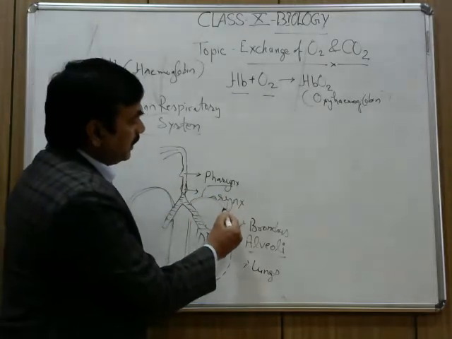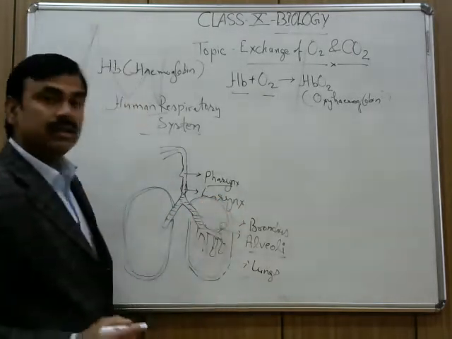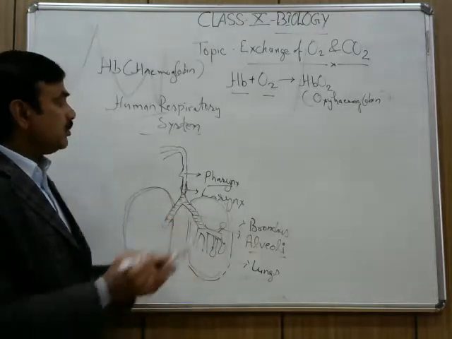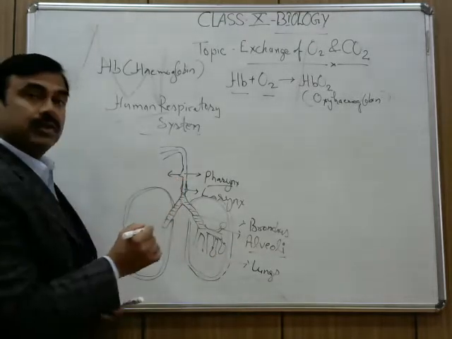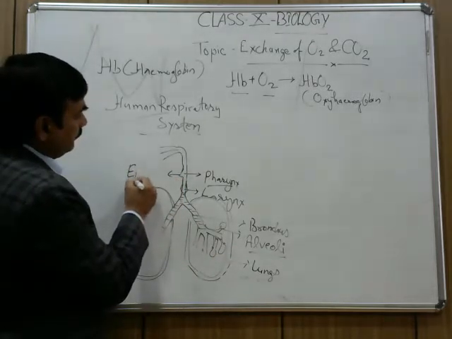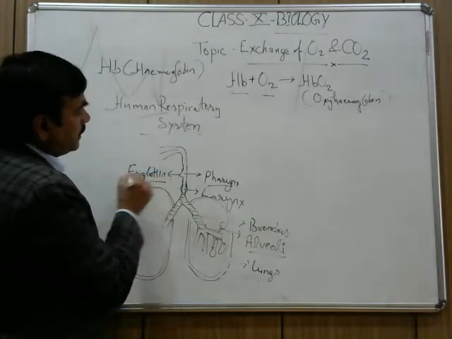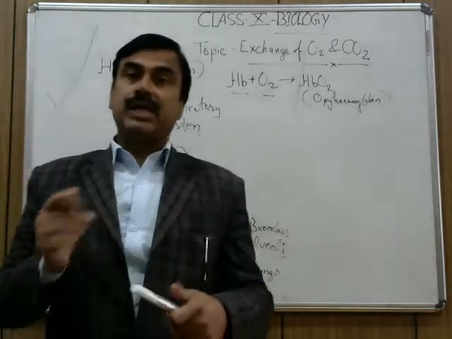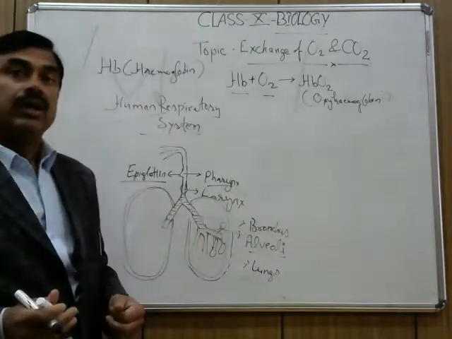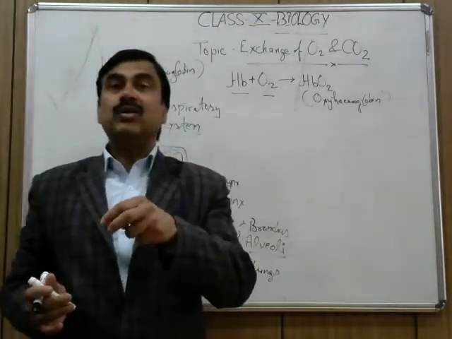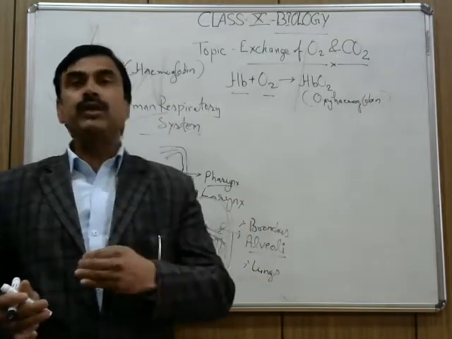Pharynx, then below that larynx. There is one epiglottis, I would like to tell you. Epiglottis is a cusp, a gate-like structure which closes only during the swallowing of food.